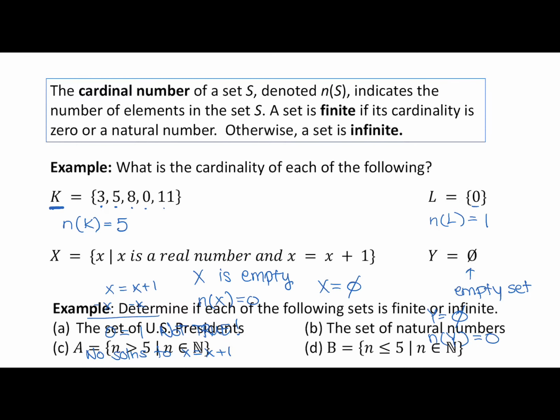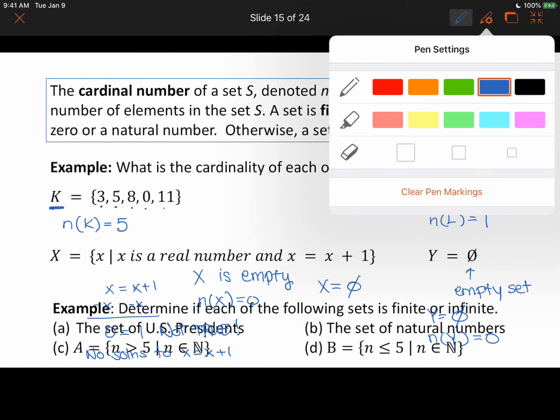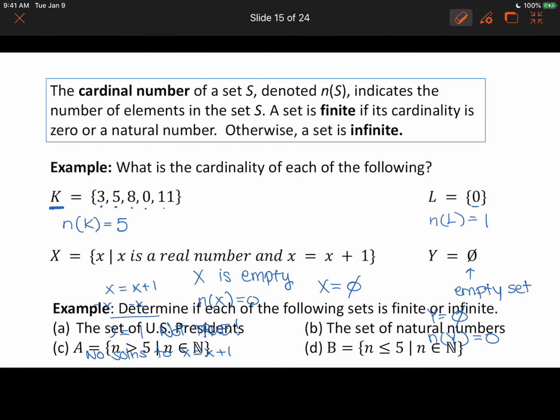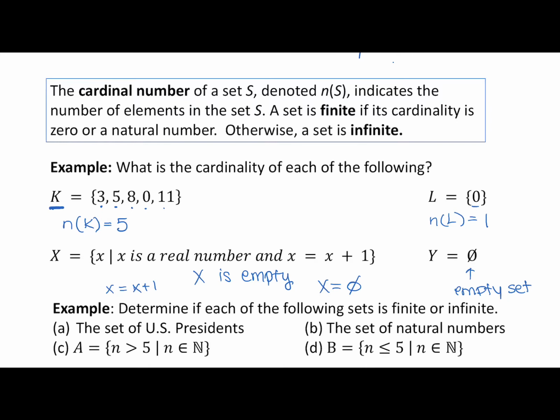All right. Well, let me erase my notations so you can read this. Let's think about the sets here and determine if each is finite or infinite. So let's start with the set of U.S. presidents. So how many presidents have we had? Have we had a finite number of presidents or an infinite number of presidents? Well, we've had a finite number of presidents, right?